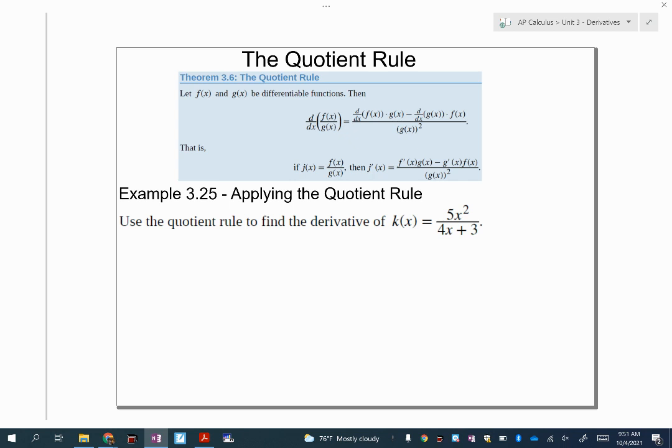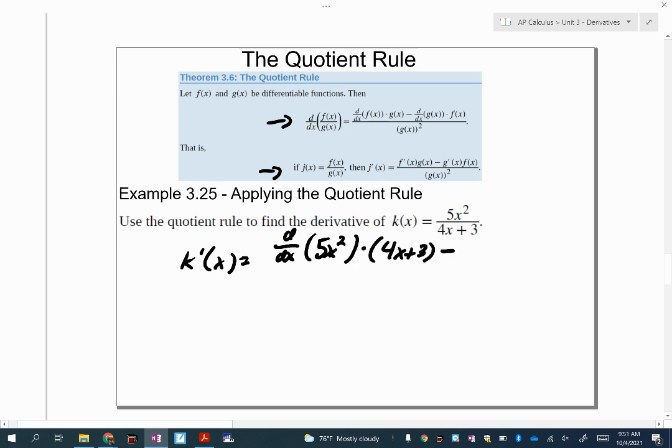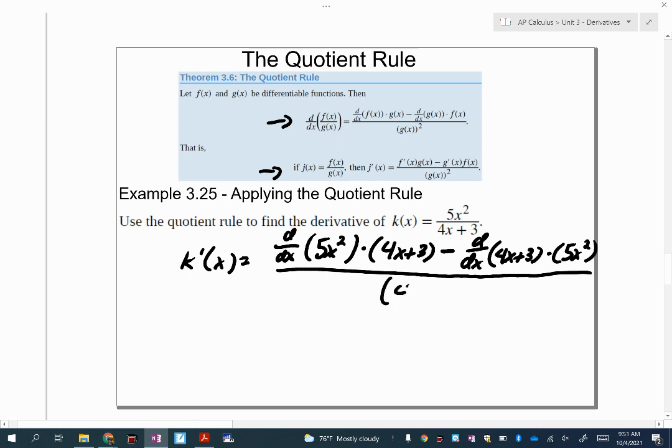So I'm just going to follow along with either the first one, this one or that one, doesn't matter. So let's do k prime of x is going to be d dx of the numerator, so 5x squared, times the original denominator minus d dx of the original denominator times the original numerator, all over the denominator squared.